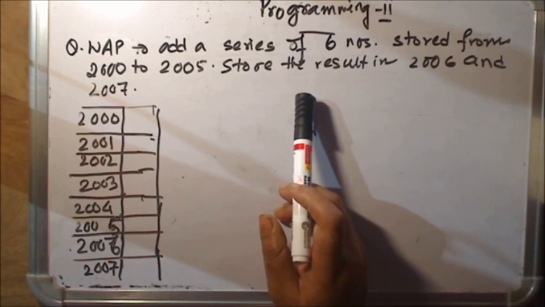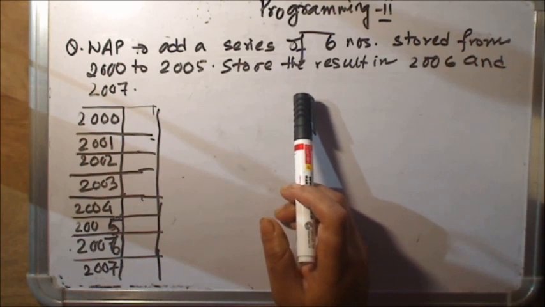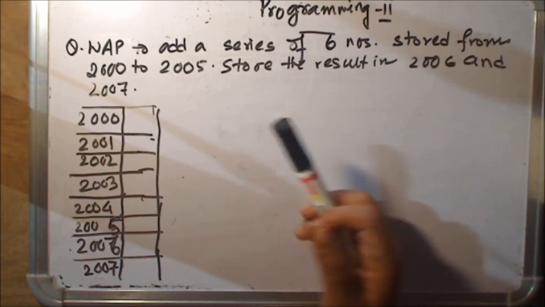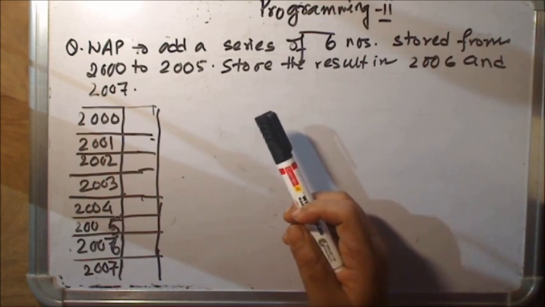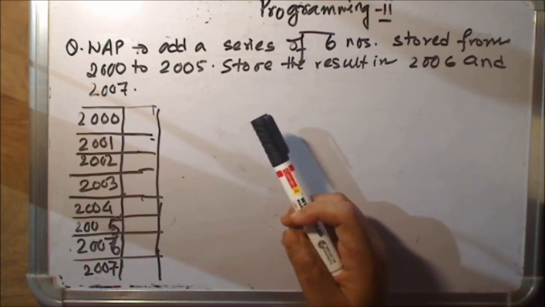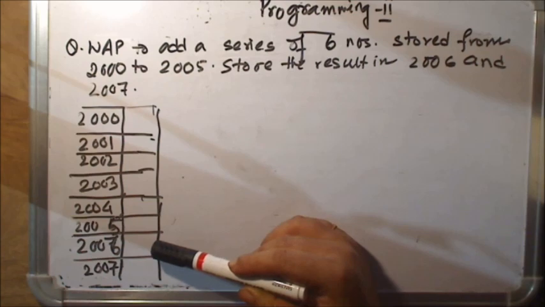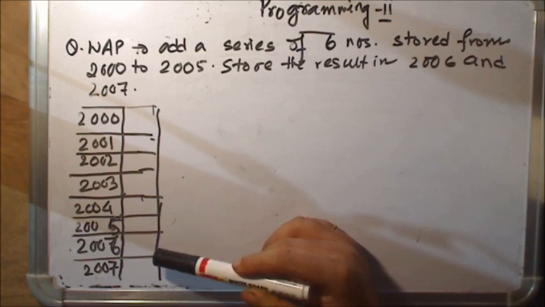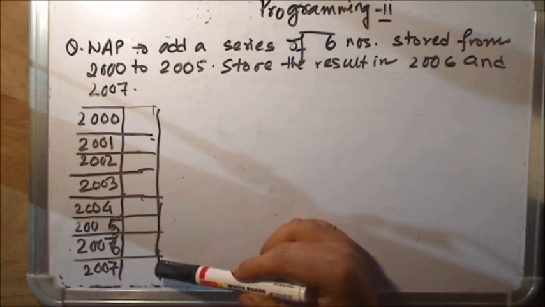But when you add a series of numbers, the carry cannot be just 0 or 1. It can be 2, 3, 4, or a whole byte itself. So your answer will be basically 16 bits: one higher byte and one lower byte. By the rule, the lower byte is stored at the lower address, 2006, and the higher byte is stored in 2007.